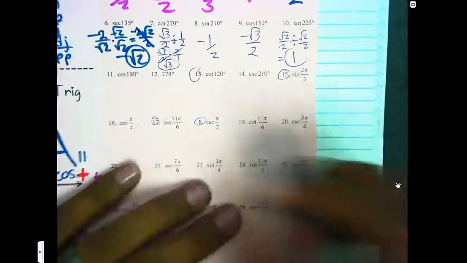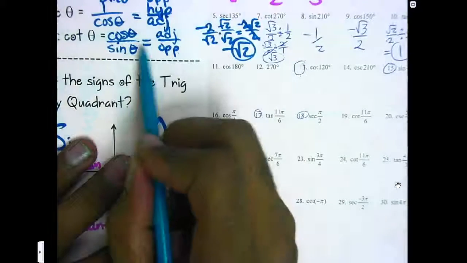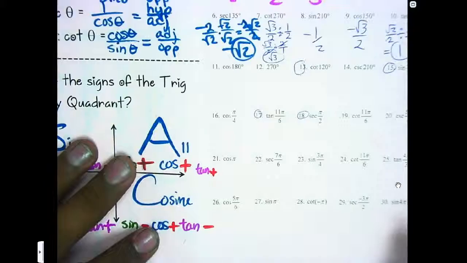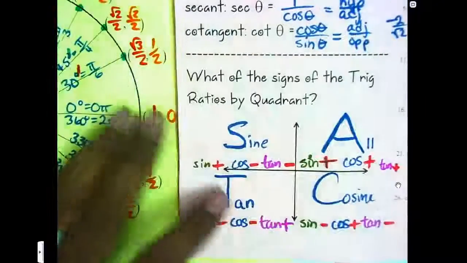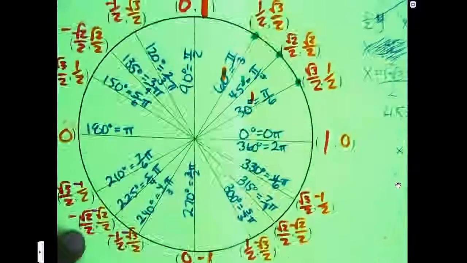So the next one I want to look at is number 13, cotangent of 120. Remember, cotangent, again, is the cosine over the sine. Okay, so cotangent of 120. Let's go to 120. 120 is right here.